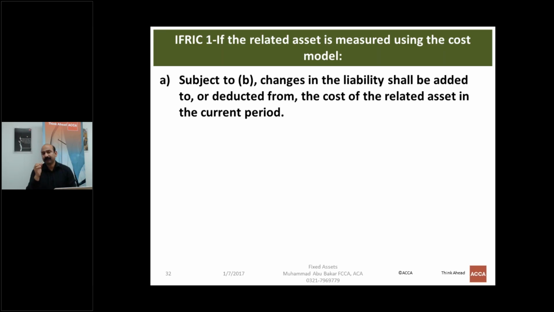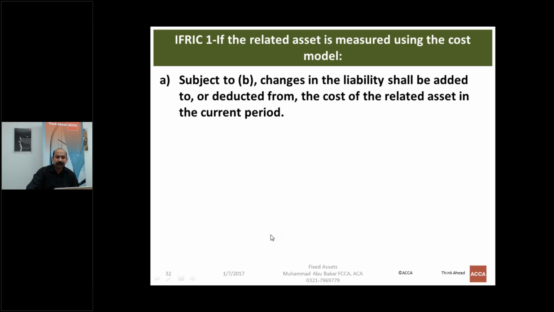Simply remember this in case of the cost model, because treatment is different when you are applying the cost model and when you are applying the revaluation model. So we are discussing the cost model. Under the cost model, the second effect of any change in the decommissioning and restoration cost will be sent to the fixed asset, except in only one situation.